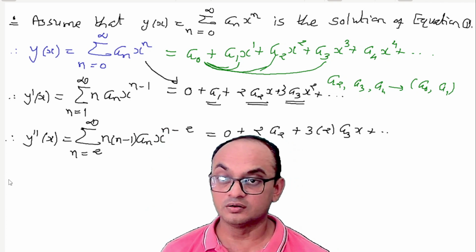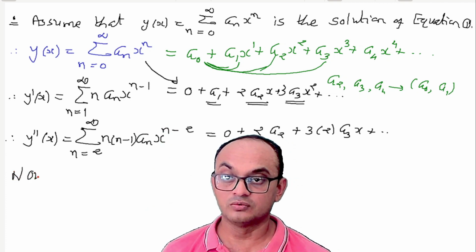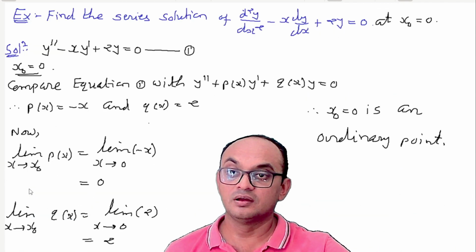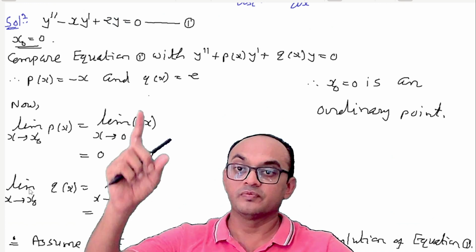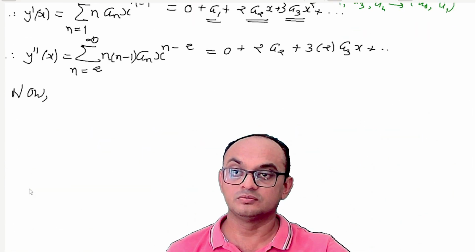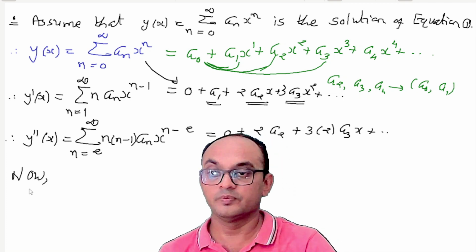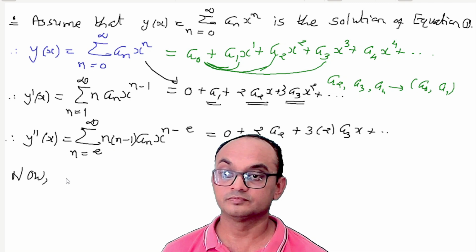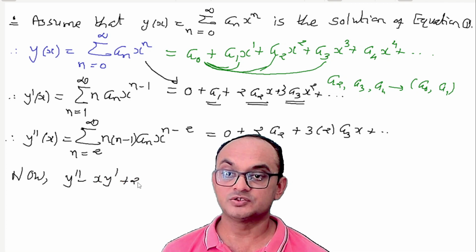What is equation 1? So let us write now. Our equation 1 is this: y double dash minus xy dash plus 2y equal to 0.